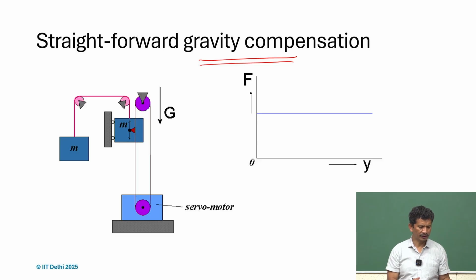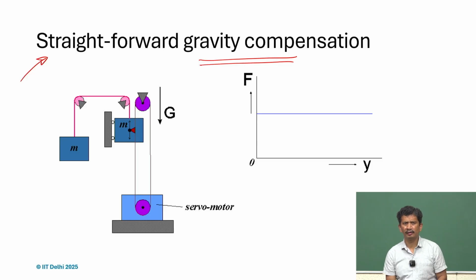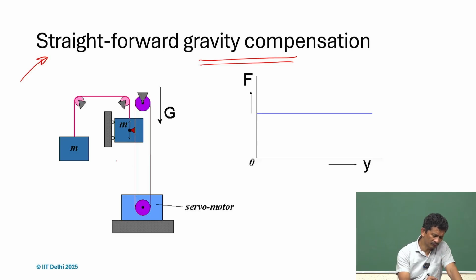So, a very straightforward gravity compensator, and we use it in many of the systems, in the lifts, in any kind of elevators. So, this is the mass we have to move up and down. This is the servo motor we have. Just to nullify the effect, we have the counterweight here, same mass.